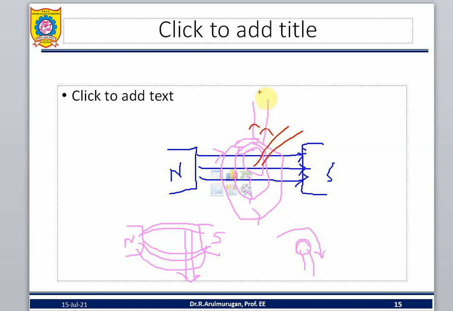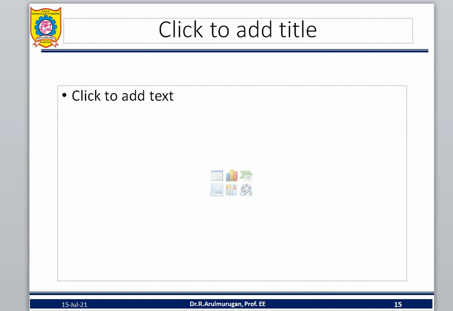Here the supply voltage is in this direction, and the induced current is opposite to the supply voltage, or you can say opposite to the supply current. That's why it is called back EMF.